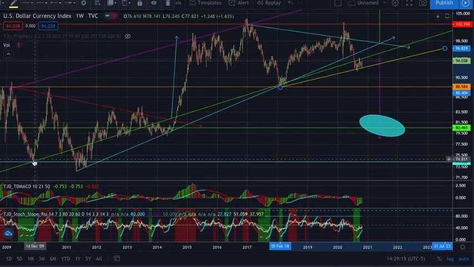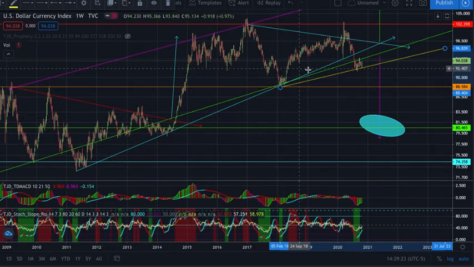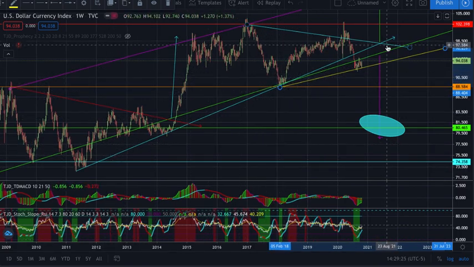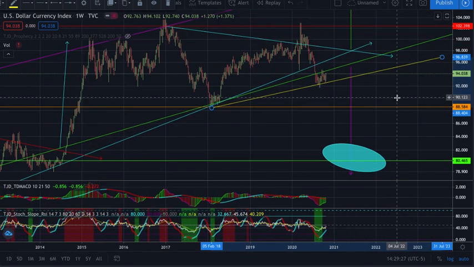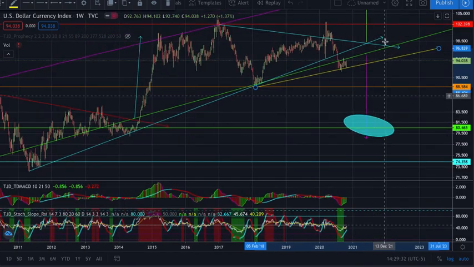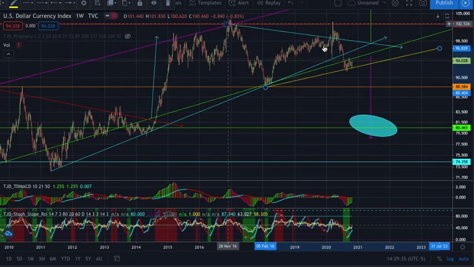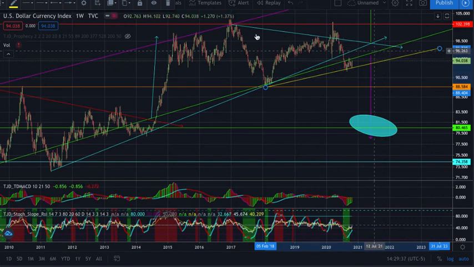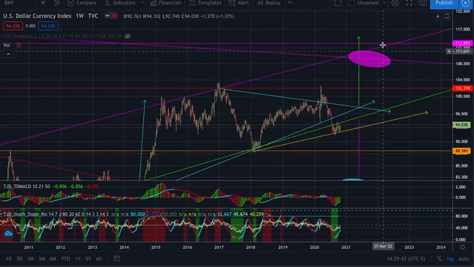So we have basically that green one and the slope, and then the blue one and the slope, and now we got the yellow one building right here, and I would expect the same thing. Now, in the event this does break to the downside and take this out, we have our targets mapped out here at 78. If it breaks to the upside, we have the measured move once again of this triangle pattern that we're putting in right here, which is that 110, I think it was, range. 115.